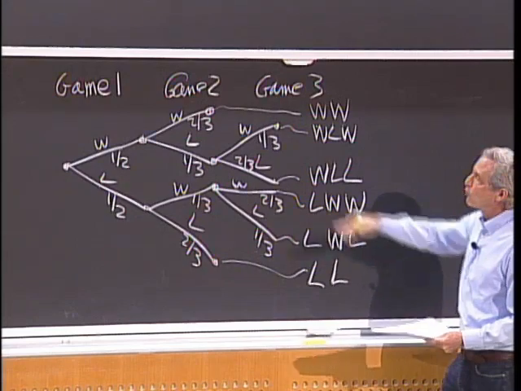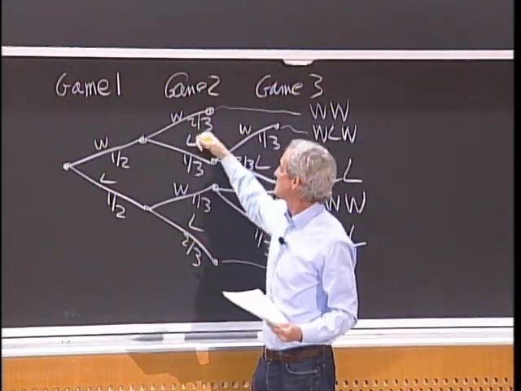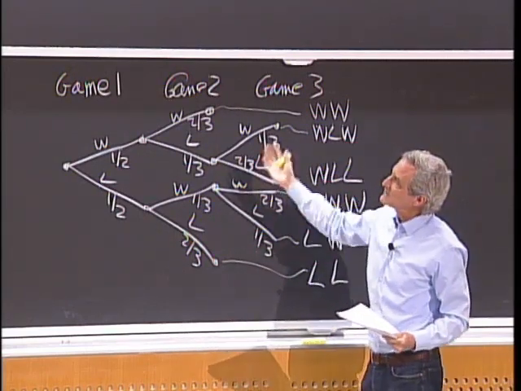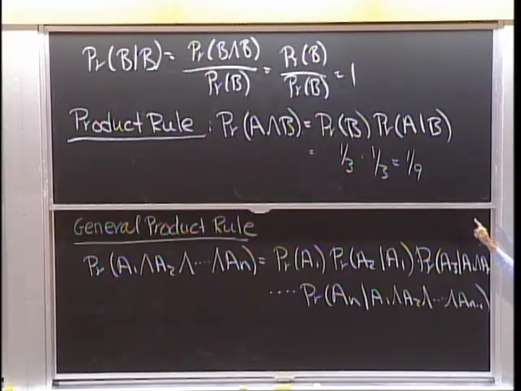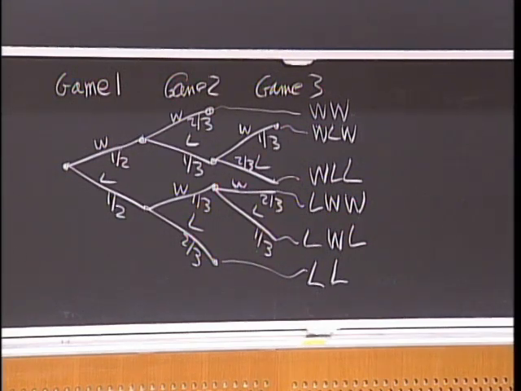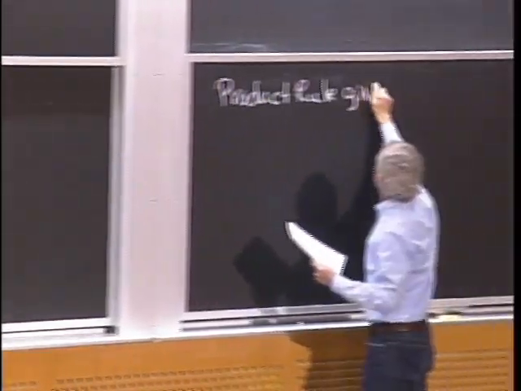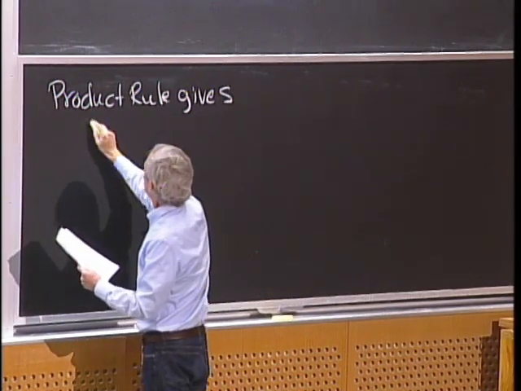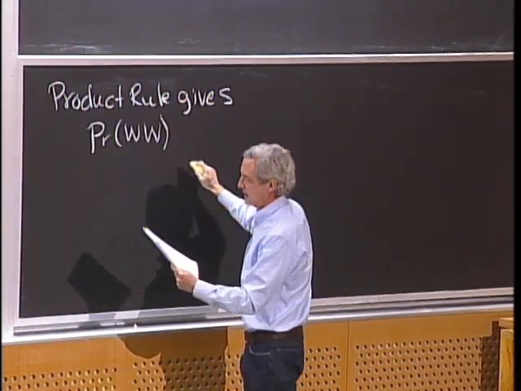Now, remember the rule we had for the tree method? I just multiply these things. Well, in fact, the reason we have that rule is because that is the same as the product rule. Because what I'm asking here is to compute the probability of this win-win scenario: win the first game, win the second game.